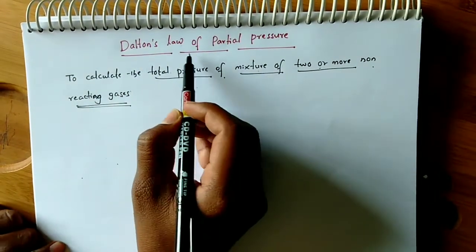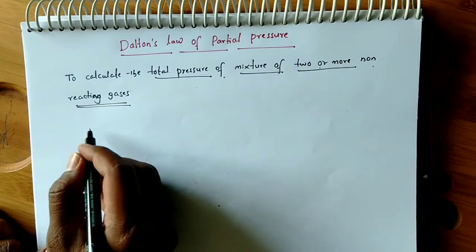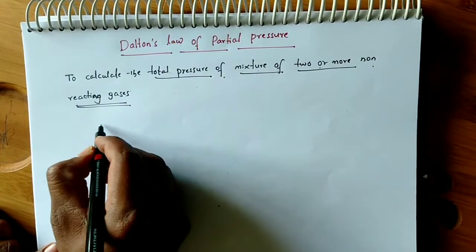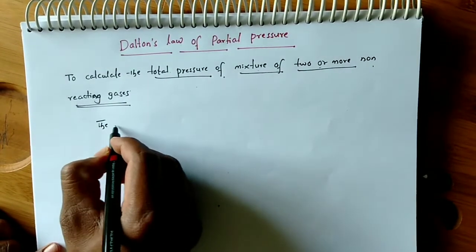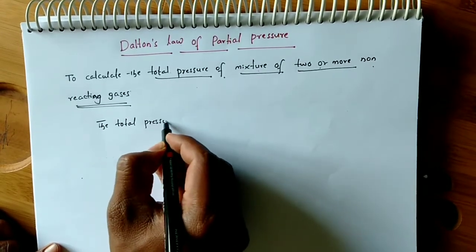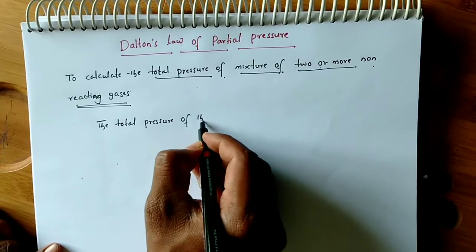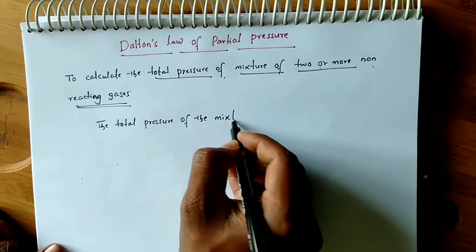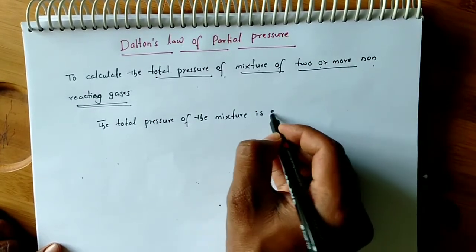According to Dalton's law of partial pressure, the total pressure of the mixture is equal to what?